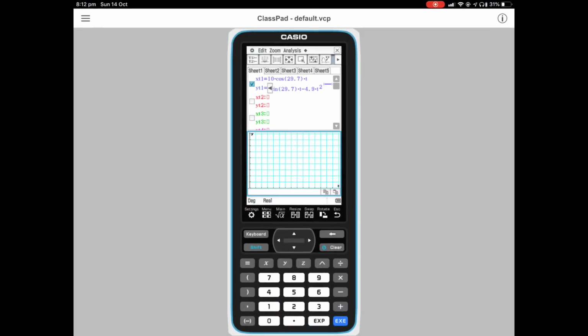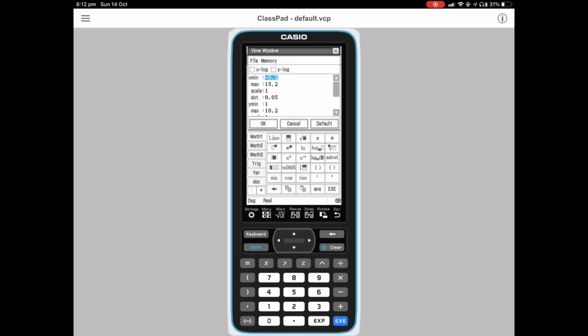Where'd it go? T goes to 360. So we go 0 to 20. 0 to 20.